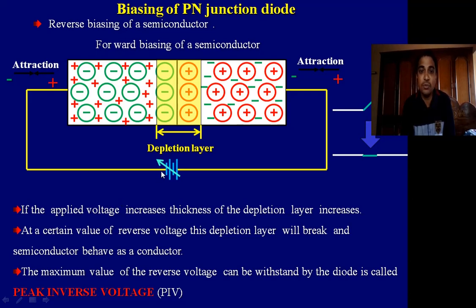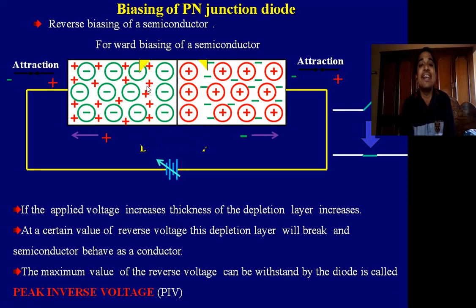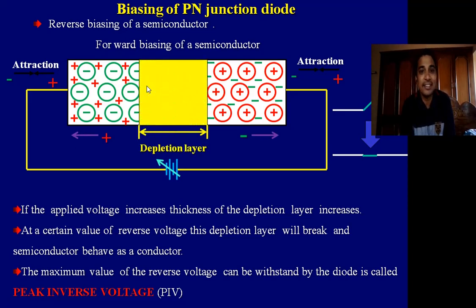Next, this negative potential will attract the positive charge carriers, meaning these charge carriers go away from this barrier, virtually increasing the width of the depletion layer. Clear or not? Right.